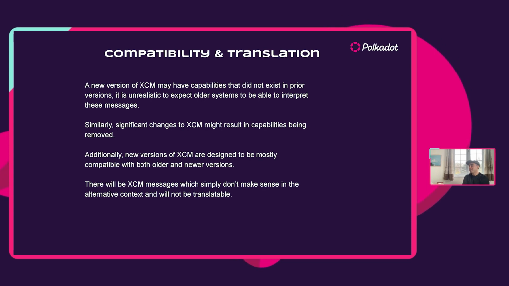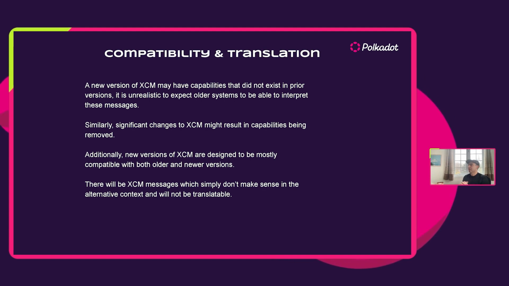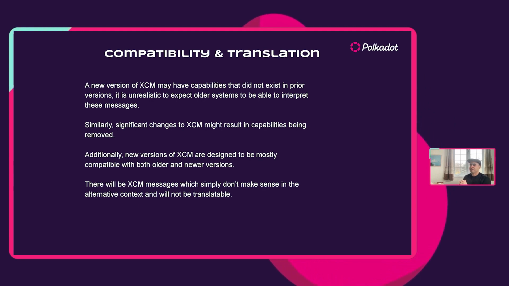With that in mind, there are limitations. For example, there may be a version of XCM that has new features that do not exist in the previous version. For example, I believe in v3 there's an instruction called lock asset that just got released with v3, and that doesn't exist in v2.